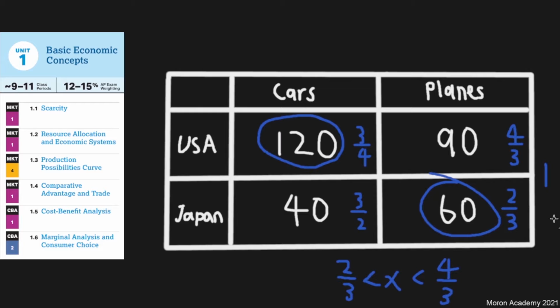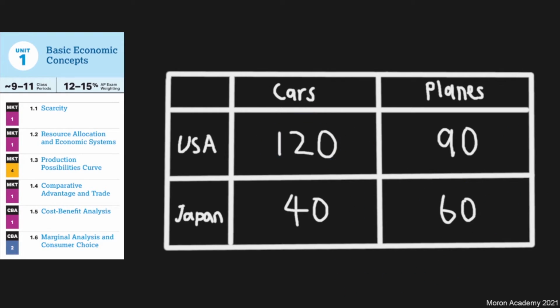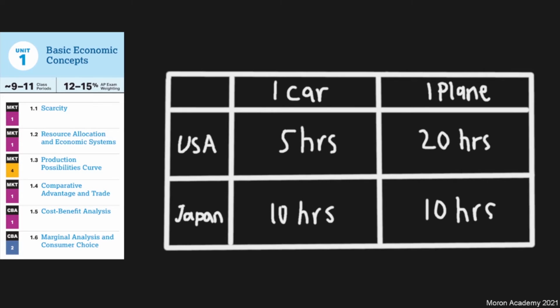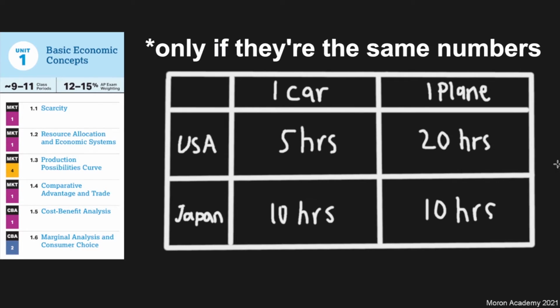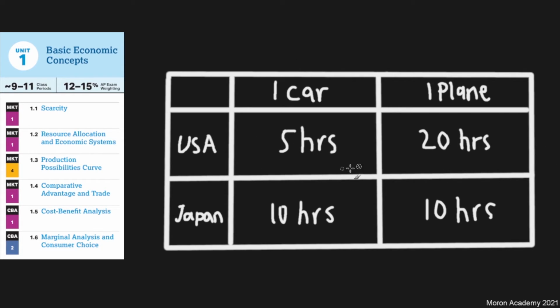That was an output question, but there are also input questions. And really the only difference is that the answer you got for the output question, you need to flip. So in this case, we are looking at the inputs going into the resource. So this is how many resources it takes to make 1 car. It doesn't have to be time here. It can also be something like the amount of labor and acres of land, maybe for crops.